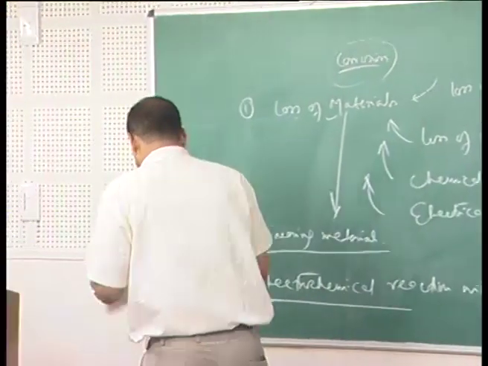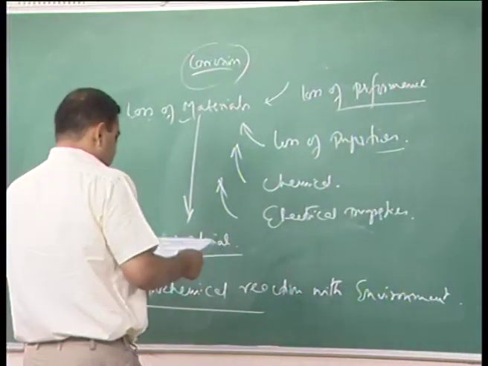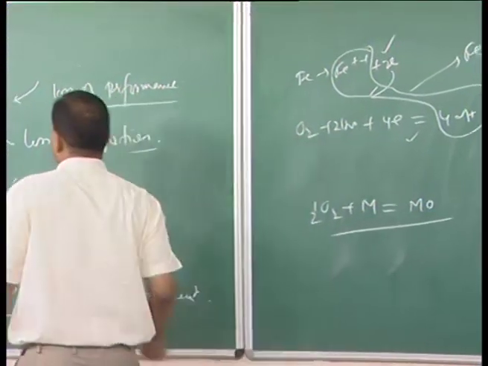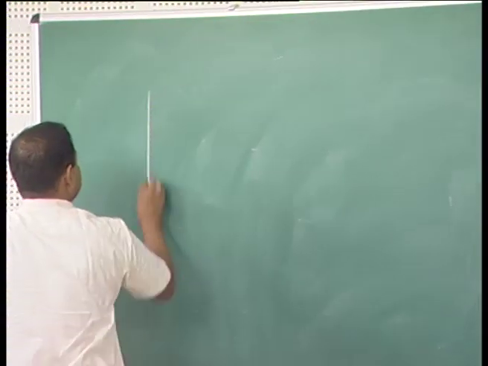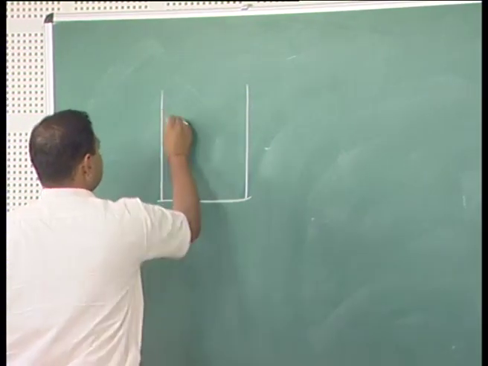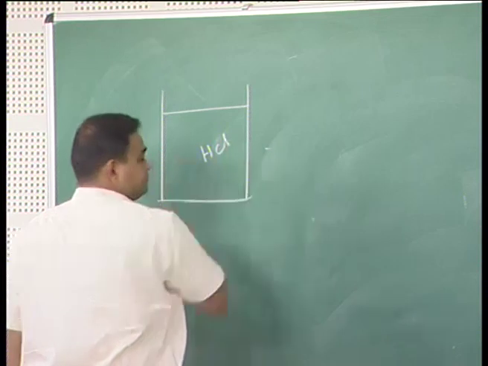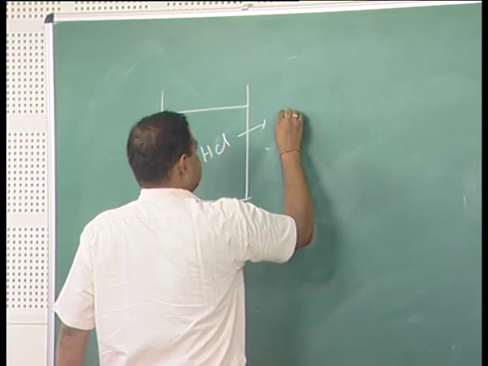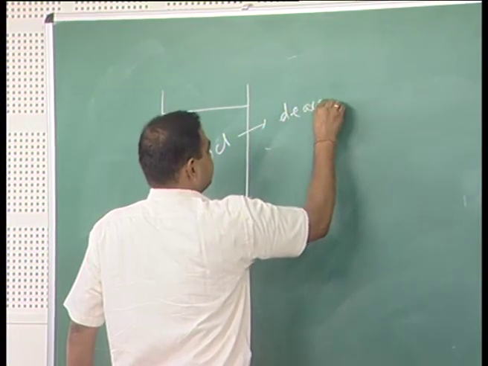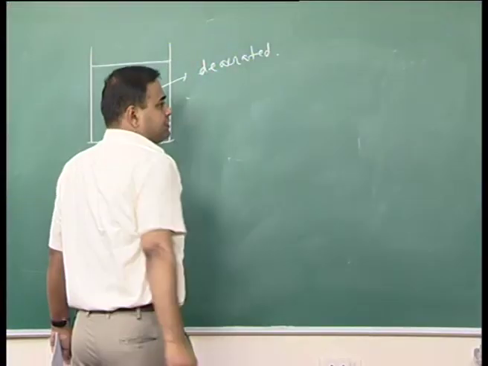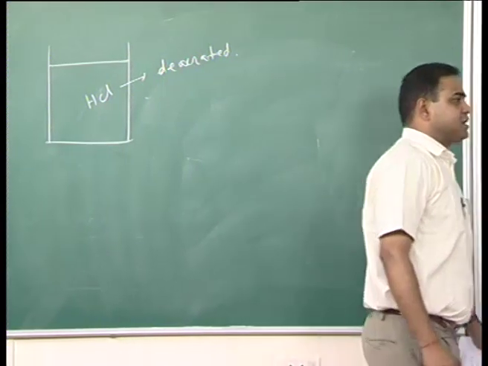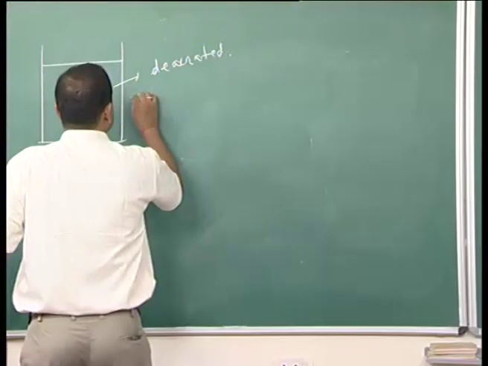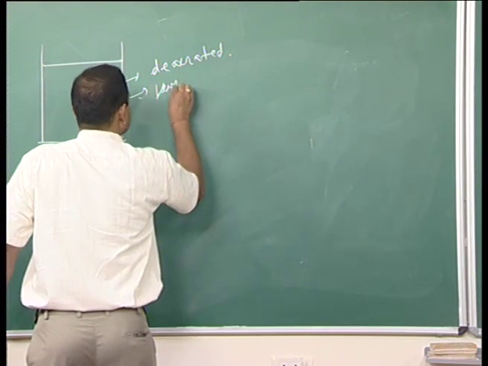Now if you consider some examples, let us see one more example. Let us say in a beaker you have HCl which is deaerated. Deaerated means it does not contain any dissolved oxygen, and it is also very, very pure.